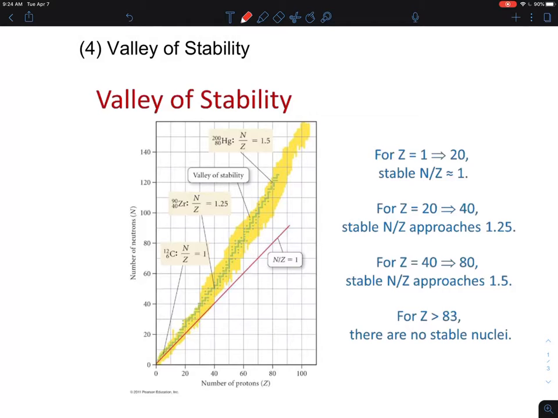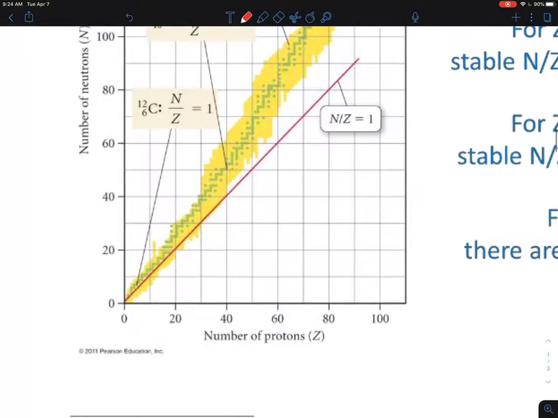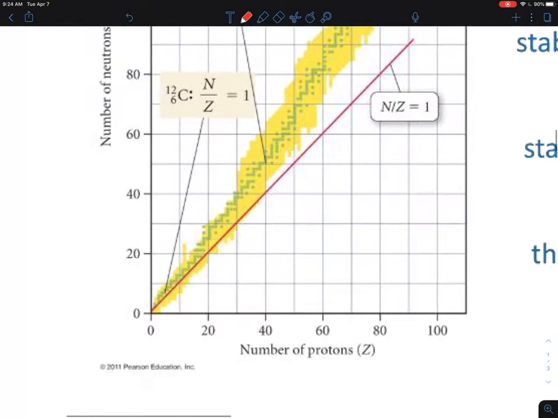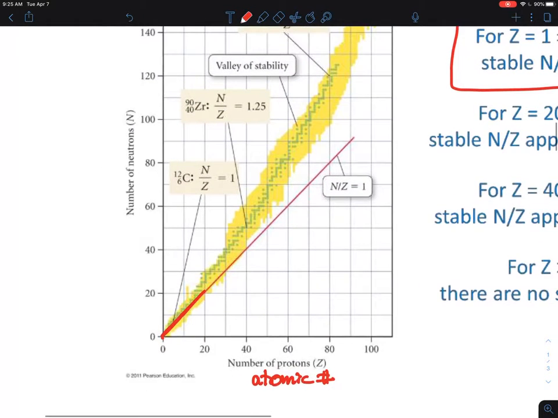For the elements up to Z is 20, if you look at here, let me blow it up. This is the number of protons, which essentially is the atomic number, right? From 0 to 20, you will see people find this result.